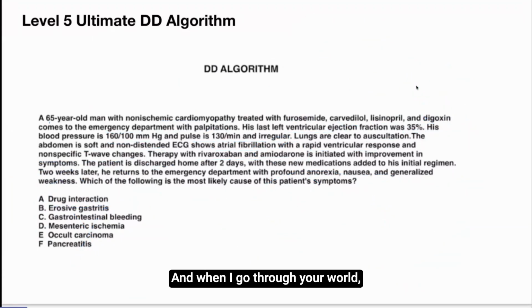When I go through UWorld, drug interaction is going to be the answer on the second pass as well. So you're not learning anything, you're bombing it, and it makes sense why people fail. It makes sense why they get low scores: they wasted the entire question bank, and then they show up to the NBME thinking that they can cook while they've just read books, never practiced. And because they've never practiced, they've never learned how to actually learn as well.